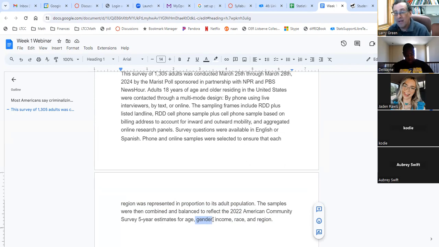Multiply that percent by the 1,305, and that's how many of each of the genders they would have to survey. They did it for income with income group brackets, they did it for race, they did it for region and age with brackets. Any questions on the idea of this sampling technique? And by doing that, what they have done is they have made sure that there is no regional, age, gender, income, race bias.